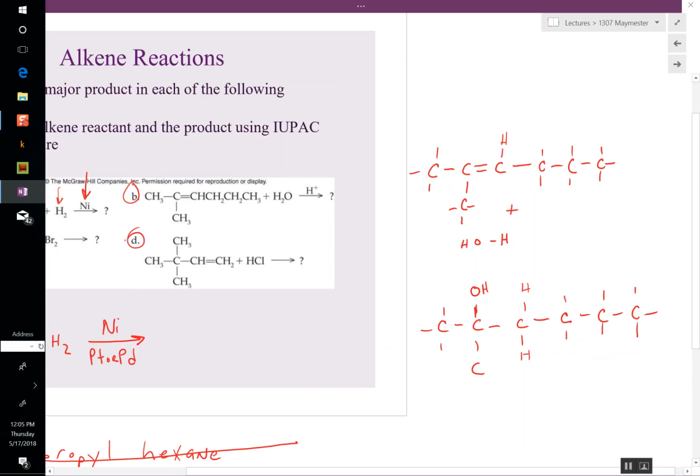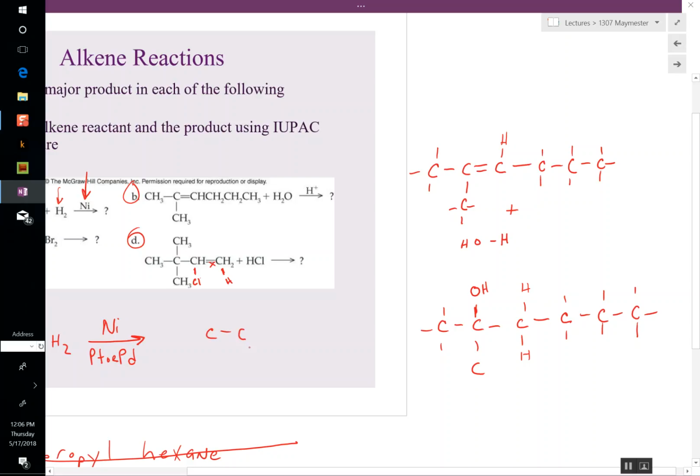On D, we're going to add HCl to D. Where is the Cl going to go? Carbon with the least amount of hydrogen. Which carbon is that? Yeah, on D, the CH. So the chlorine is going to go here, and the hydrogen is going to go there, and we're going to get rid of that double bond.